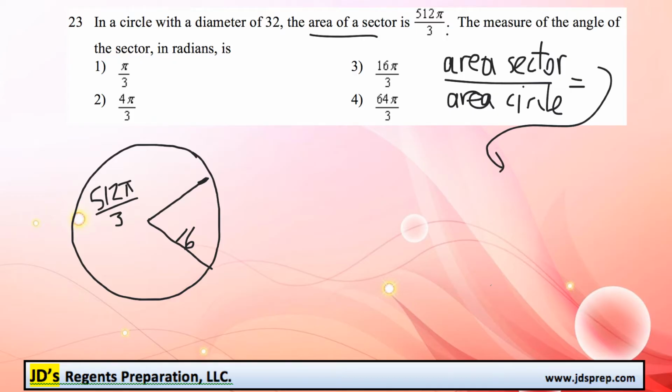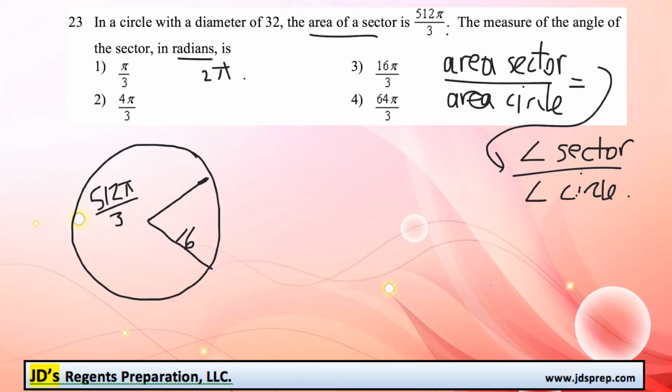That's going to be equal to the angle of the sector over the angle of the circle, which of course is 360 degrees, or in radians, 2 pi.